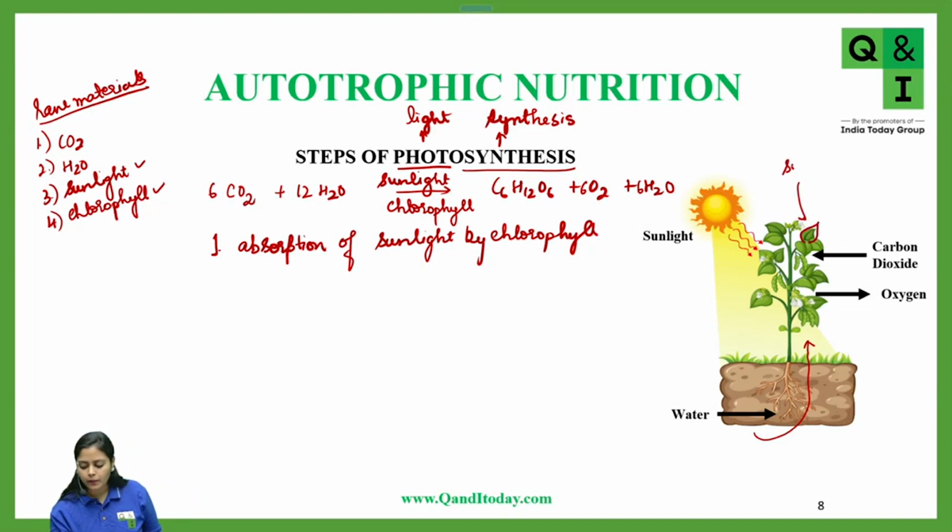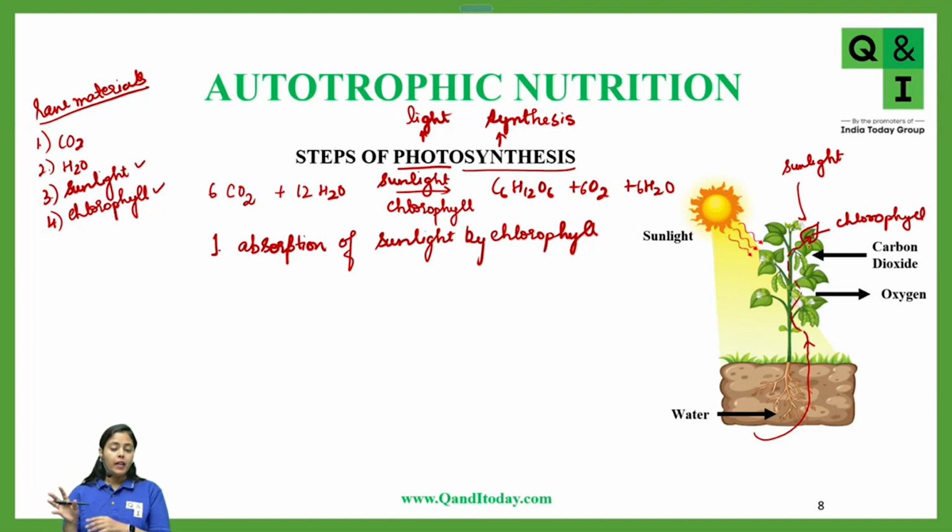It takes sunlight from the atmosphere and has chlorophyll present in it. Water is also traveling to the various parts of the plant and reaching the leaf. Now, inside this, what will happen particularly? Because of the energy absorbed by the chlorophyll, photolysis of water takes place.